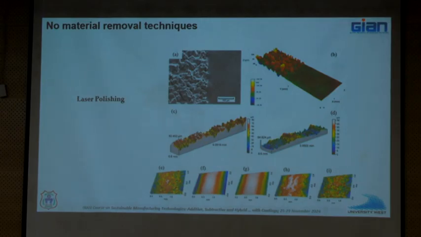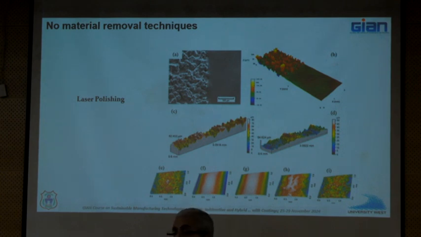This again is a regime of significant research interest, using laser to polish, and you can get fairly good surface finish. There's something I must say here. We have a tendency to believe that laser is very expensive, and laser is very slow.